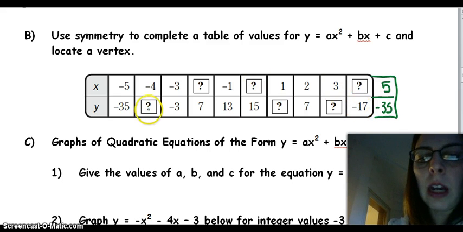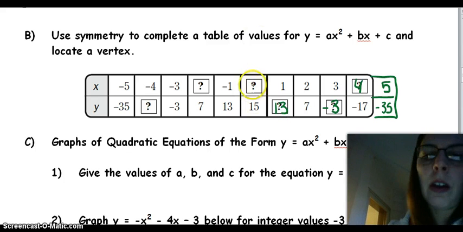So here at negative 4, this would be a positive 4. At 3, this would be a negative 3. So you're just kind of going back and forth. And here, negative 1, it's 13, so at 1, it's also 13.